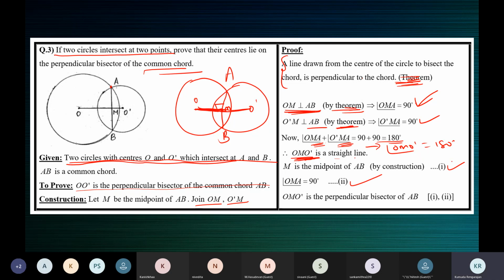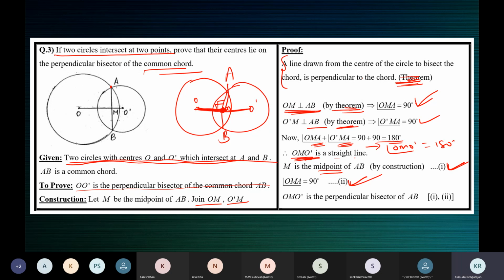M is the midpoint of AB by construction and OMA is 90 degrees. M is the midpoint and this is perpendicular, 90 degrees. So from 1 and 2, because midpoint and perpendicular, so perpendicular bisector. See, this is perpendicular and midpoint, so bisector.